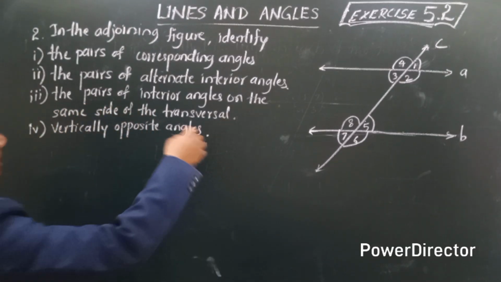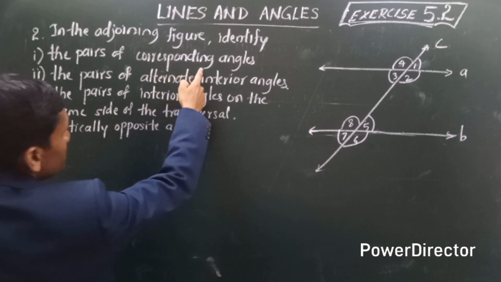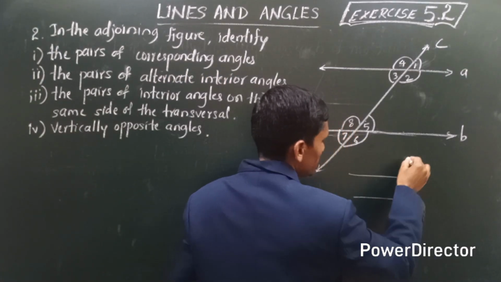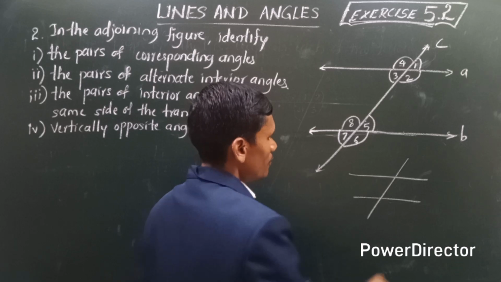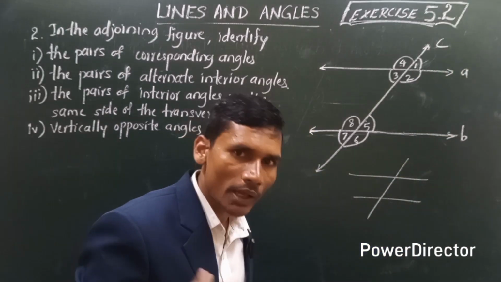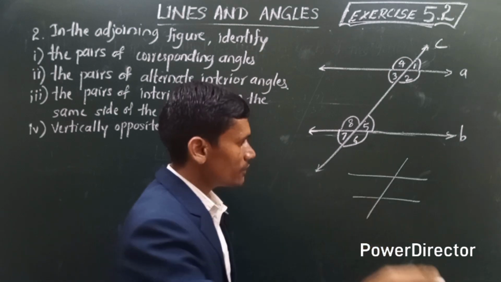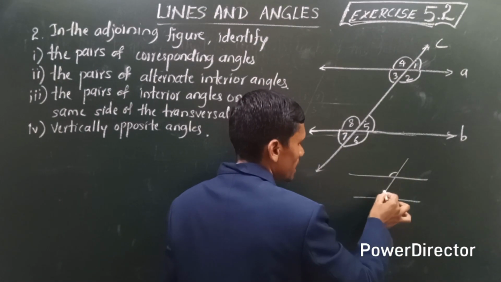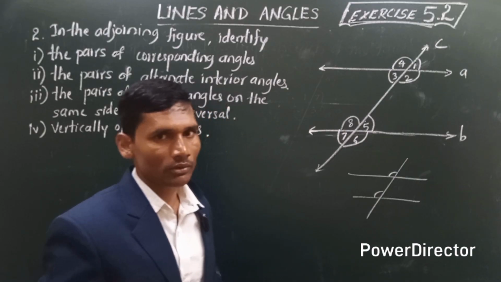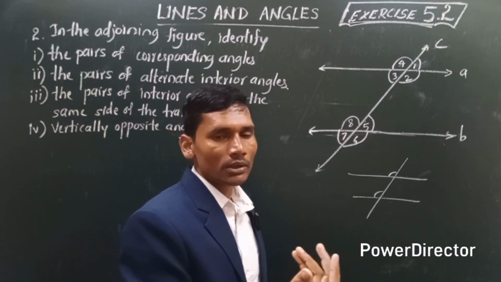Now coming to first question, the pairs of corresponding angles. You know that if this is a pair of lines, here we are not saying that these are parallel to each other, or they may not be parallel to each other, no problem. Just we are finding corresponding angles here, right? Do not concentrate on whether they are equal or not. They may be equal, they may not be equal, right?